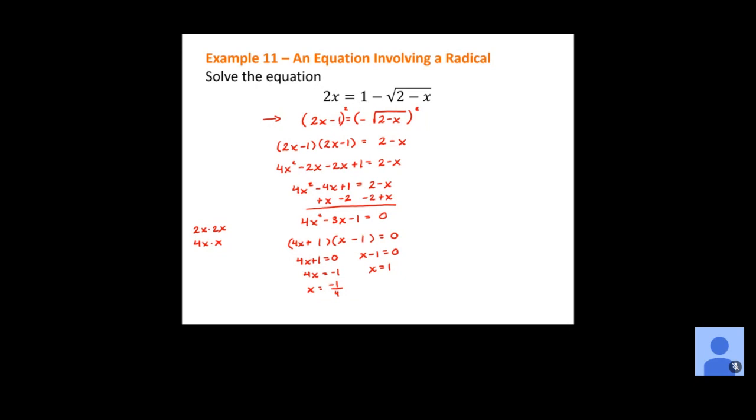So I'm going to start with a negative 1/4. We're going to have 2 times negative 1/4 equals 1 minus the square root of 2 minus negative 1/4.